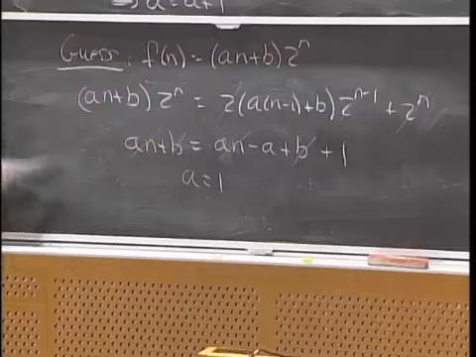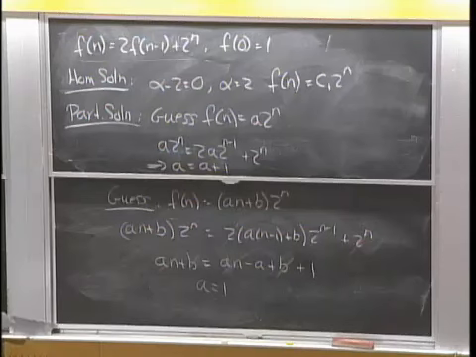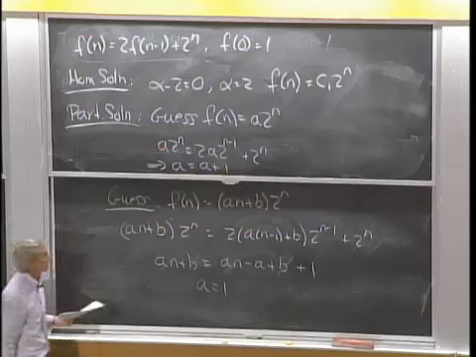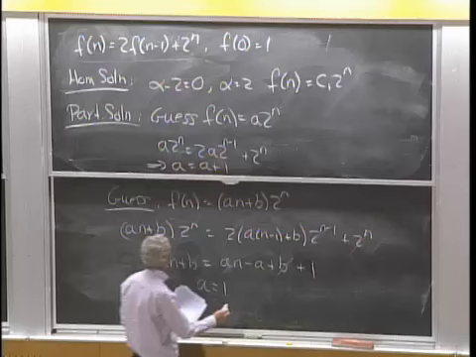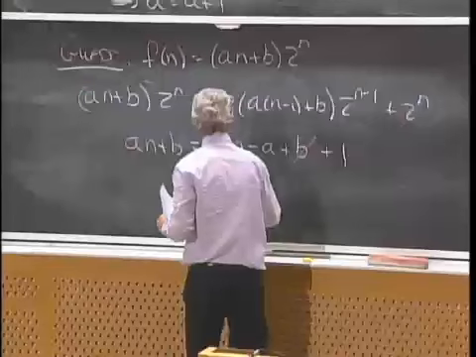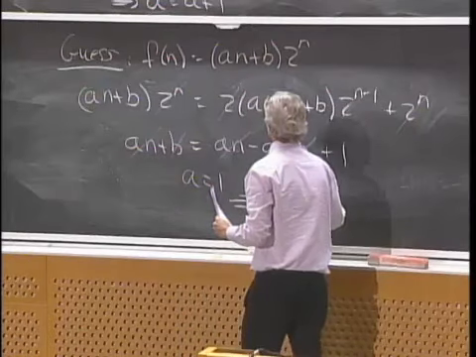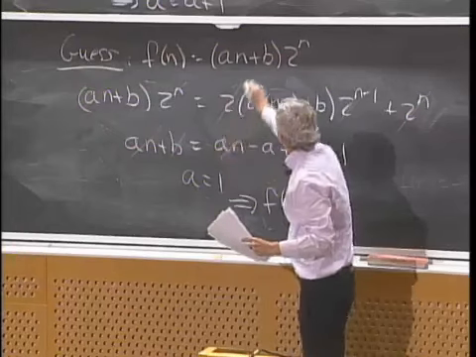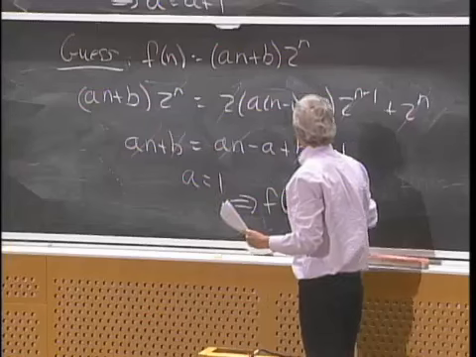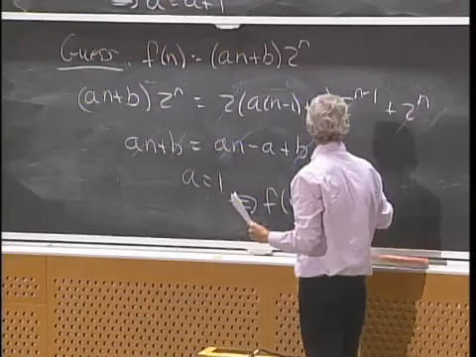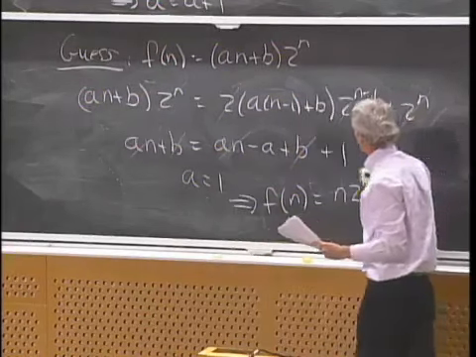And I don't care what b is. I didn't need to set it to anything. So I'll make it 0 just to get it out of the way, because it didn't matter. So my particular solution then is f of n, a is 1, b I can just make 0, so I get n 2 to the n. That's my particular solution.